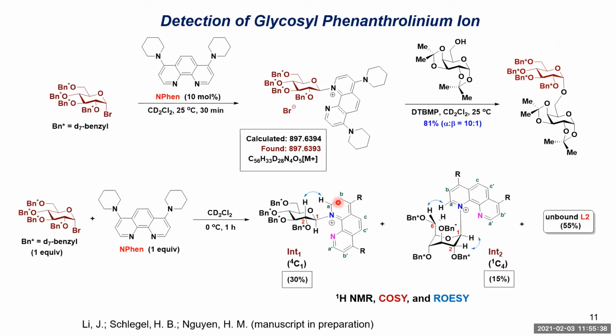And I took a COSY and a ROESY, and here are the 2 intermediate structures that I propose. The first one is the 4C1 chair for the beta glycosyl phenanthrolinium, and the next one is, by chair flip, the 1C4 conformation.